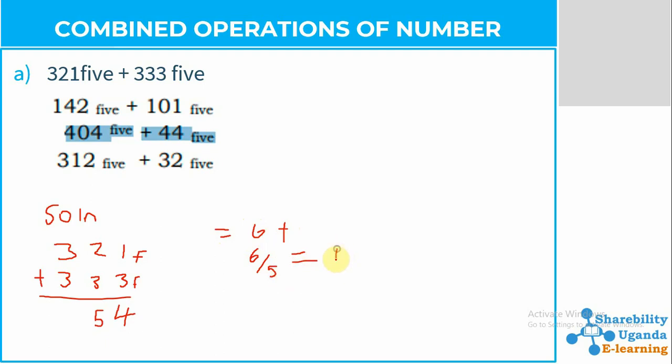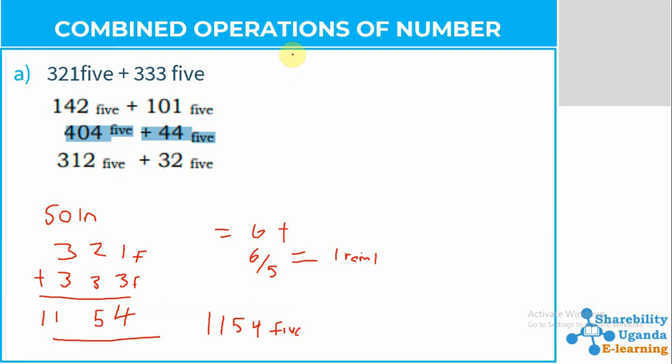So this simply means we shall get 1 remainder 1. We shall now come here and say 1 remainder 1. So our answer, in base 5, is 1, 5, base 5.